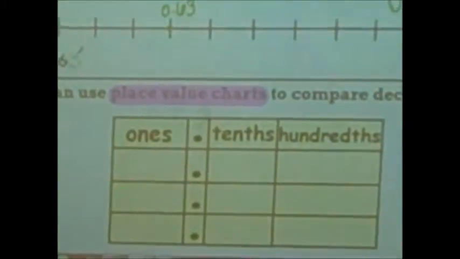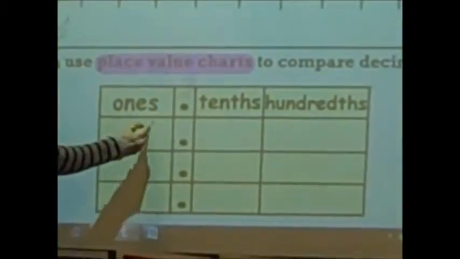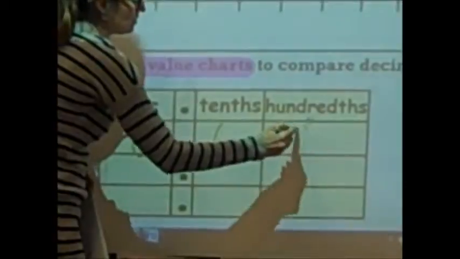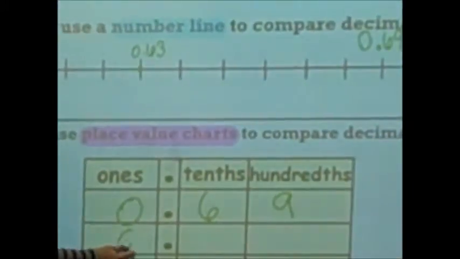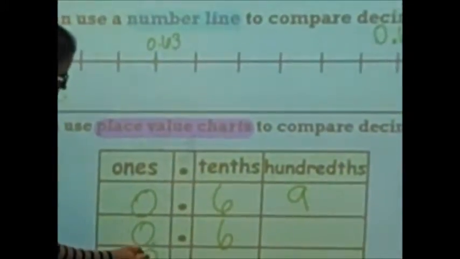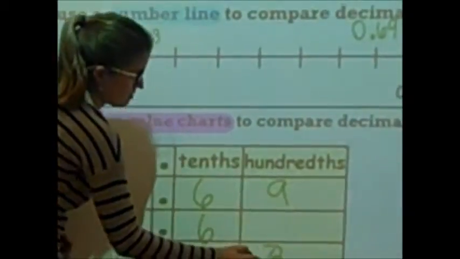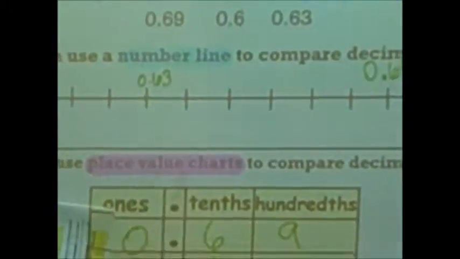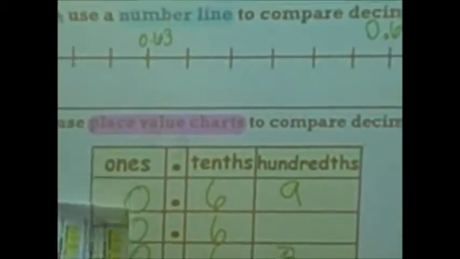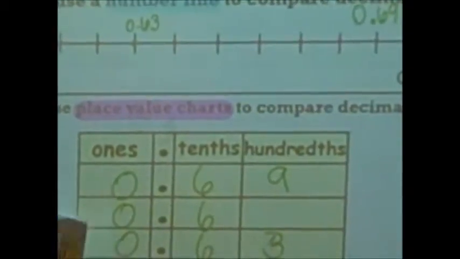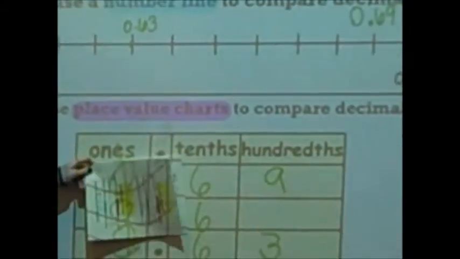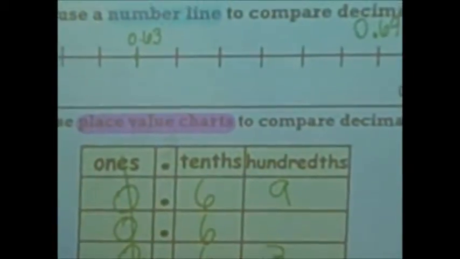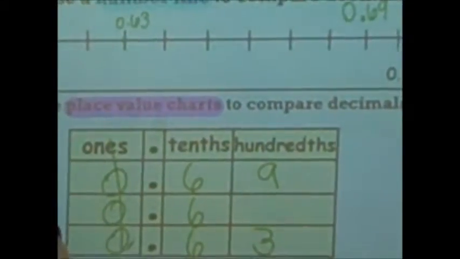And then if we wanted to put it in a place value chart, if we look at this, we would start at the left, because if we ever had a number in our ones place, that would be the largest one, but we don't have any. So we cross it out and we move to the tenths. And then we see the tenths are all equal.